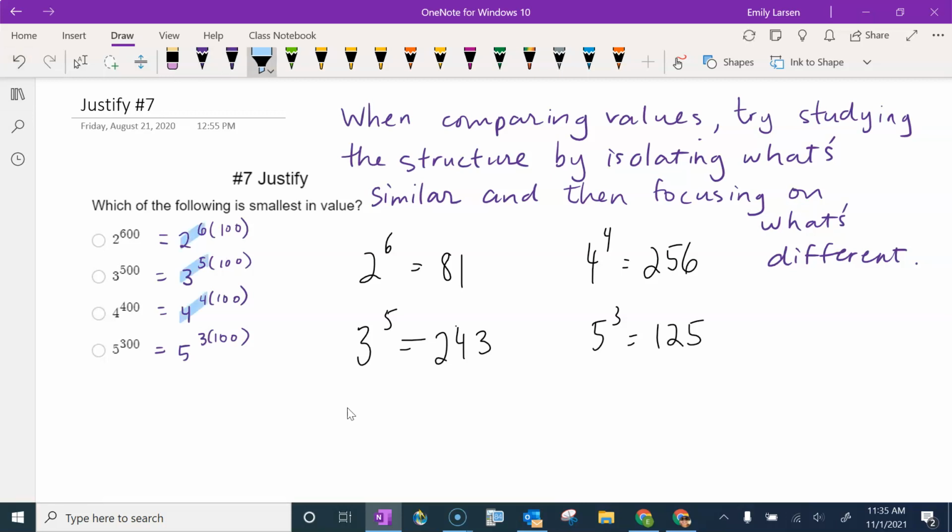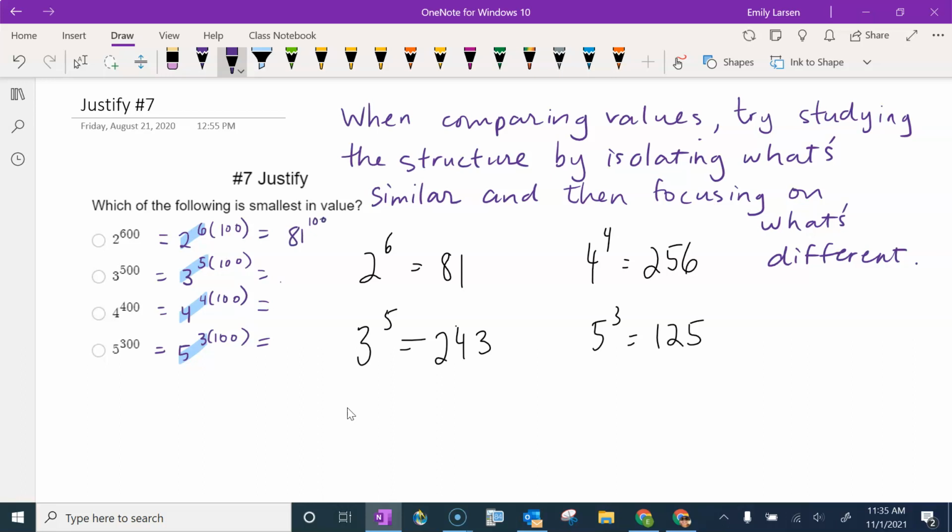So now all of these have 100 factors of each base, and you can focus on what's different, which is the base. If that still is not convincing enough, then this is really 2 to the 6th, which is 64, so 100 factors of 64.